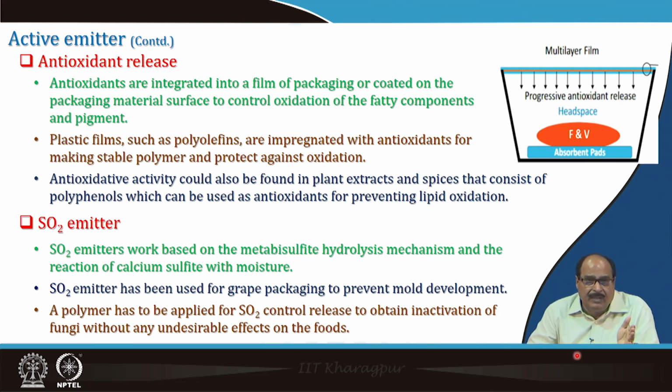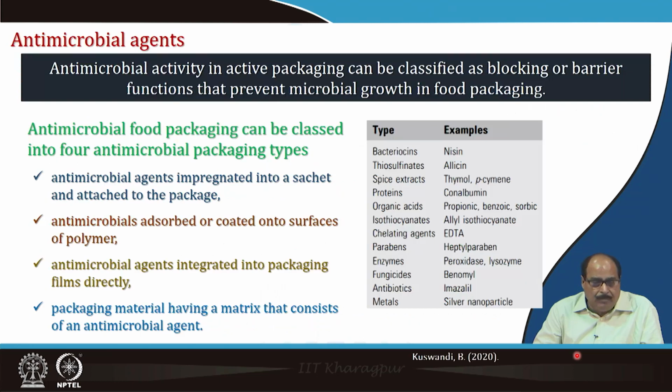A polymer has to be applied for sulfur dioxide controlled release to obtain inactivation of fungi without undesirable effect on the food. Similarly, there are various antimicrobial agents also, like nisin, a bacteriocin, plant extracts like allicin, thiosulfonates, proteins, chelating agents like EDTA, enzymes, peroxidase, fungicides.